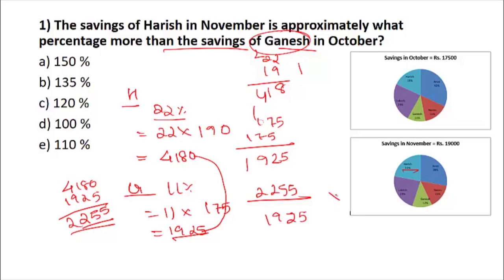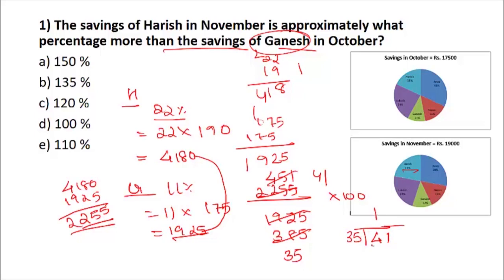Into 100, divided by 5, then further divided by 11, gives 41 by 35. As you know, it is very easy to find the division of these two.